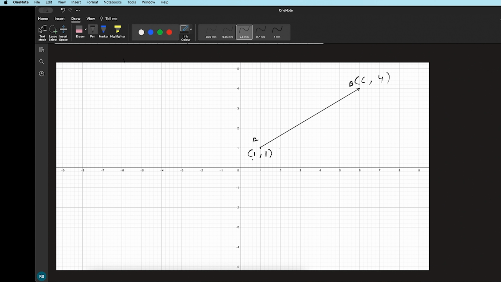And here, this A coordinate is defined as (x1, y1), and this is defined as (x2, y2). Okay, so now I have to find the displacement vector. The displacement vector is denoted by AB, that is the starting point and the ending point, and the formula for that is x2 minus x1, y2 minus y1.